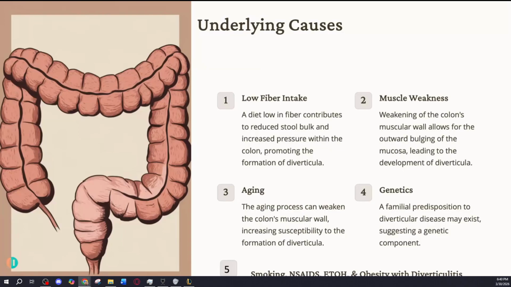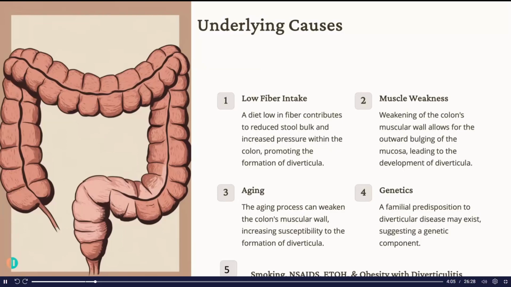Again, the risk factors are similar, but there's additional evidence that smoking, the use of NSAIDs, excessive alcohol use, and obesity are associated with a higher incidence of diverticulitis.